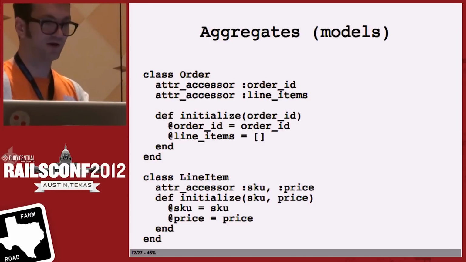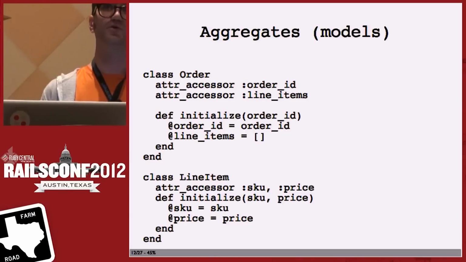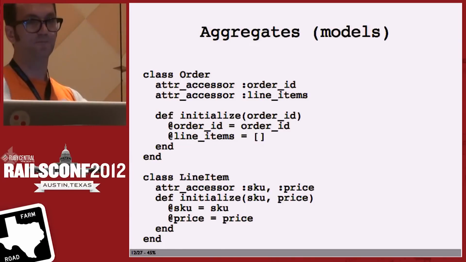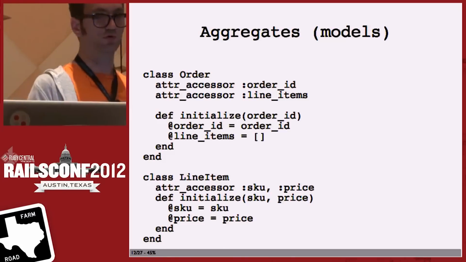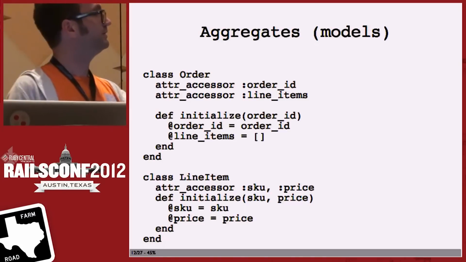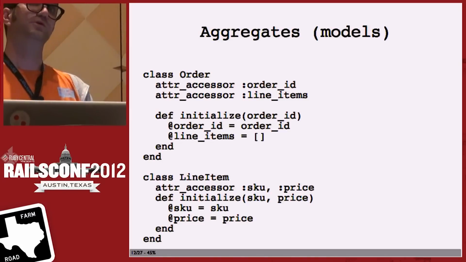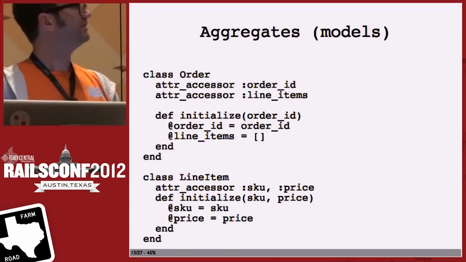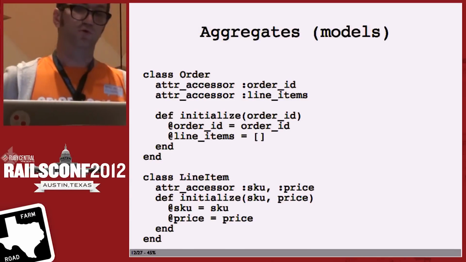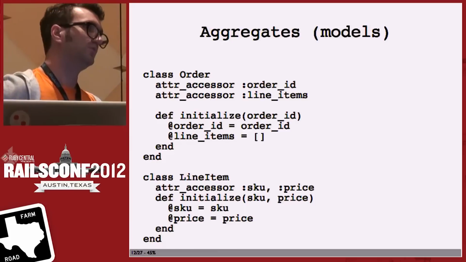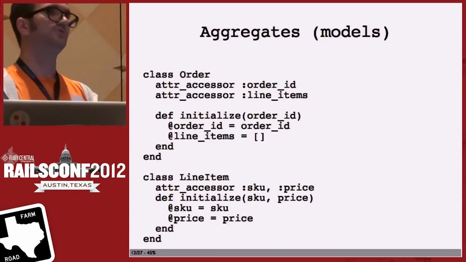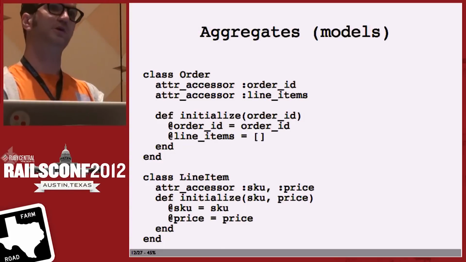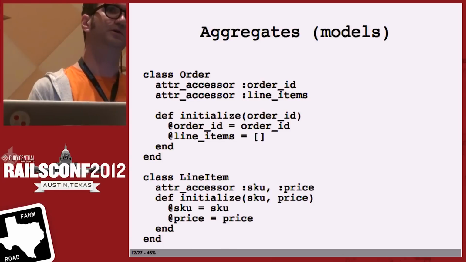It has to be attached to an order. So this next section of code, the next several slides, are all just plain Ruby. There's nothing special about them. We've got an order. It's got the order ID, an accessor for our line items, which will end up being a collection. You initialize a new order with the order ID. The reason for that is when you're playing events back, all of those things need to get tied back to an aggregate root ID.